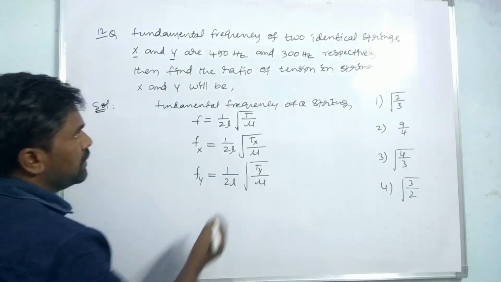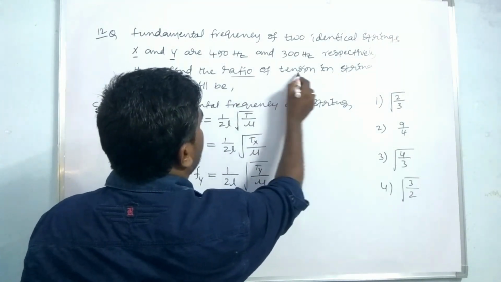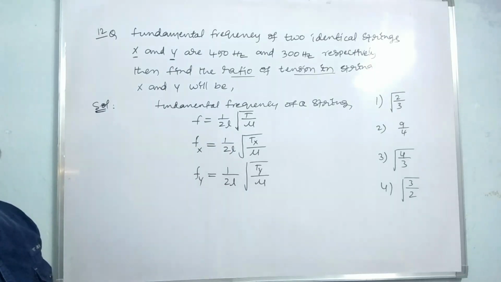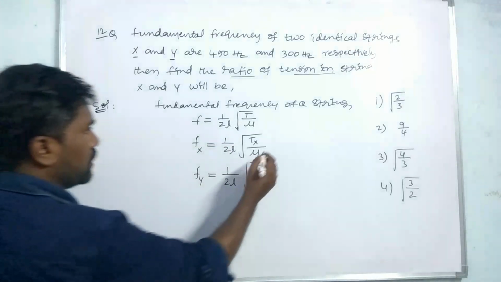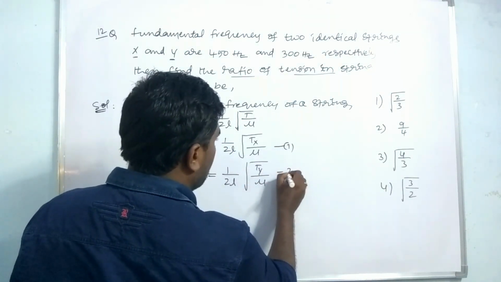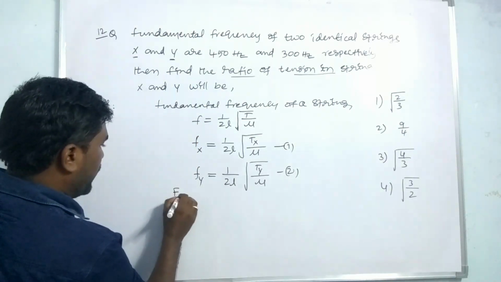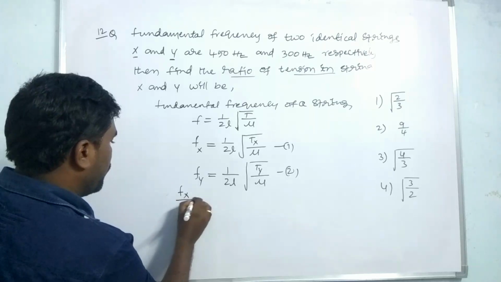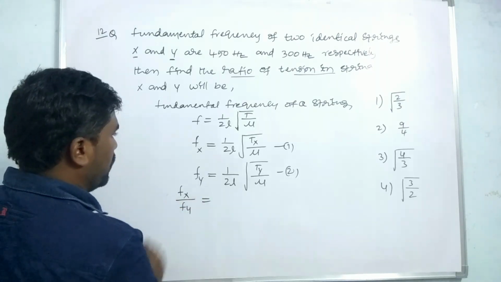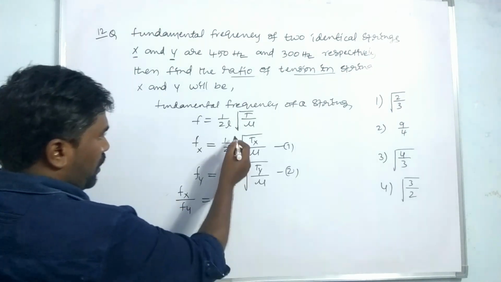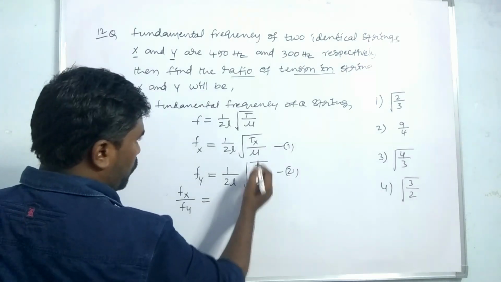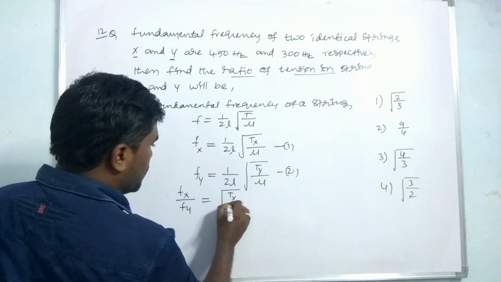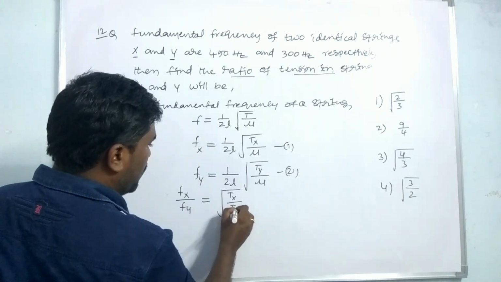So we have to find the ratio of tension in the strings, root Tx by Ty. We have to find that from these two equations. We can write Fx by Fy. The 1 by 2L cancels out, mu cancels out. What remains is root Tx by root Ty.